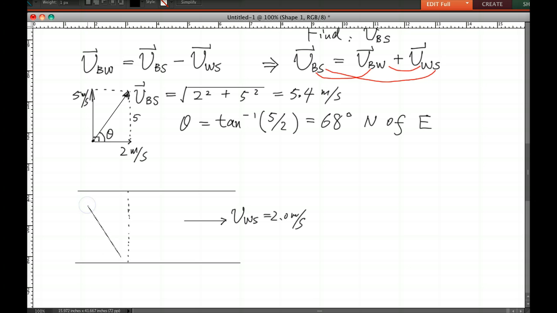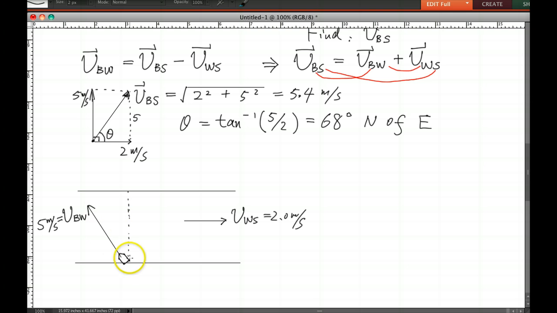depending on the speed of the water, right? Okay, if you go this way, the boat should look like this. Okay, and if you go this way, so this is your V boat relative to water. So if this still equals 5 meter per second, then eventually you can go that way.